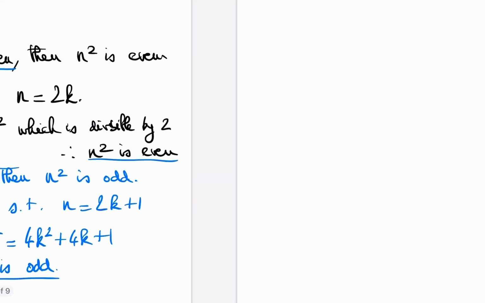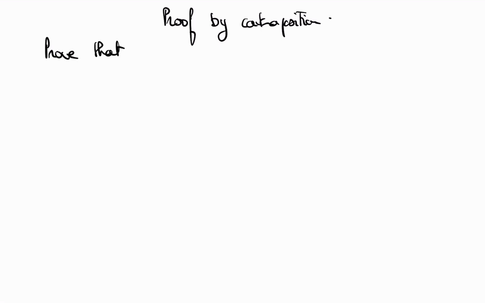Now, let's move to proof by contraposition. So say we want to prove that if 5n plus 3 is odd, then n is even.